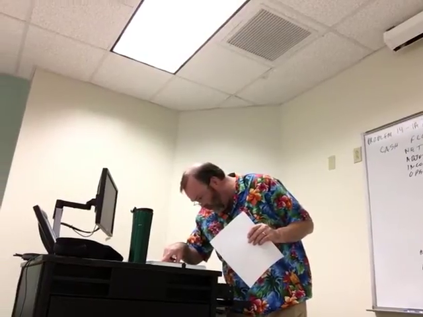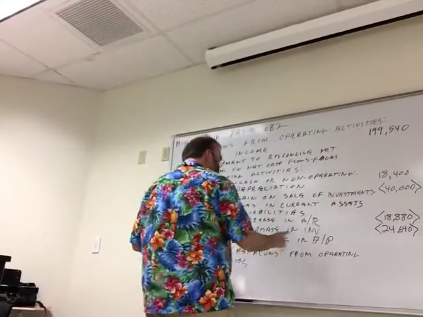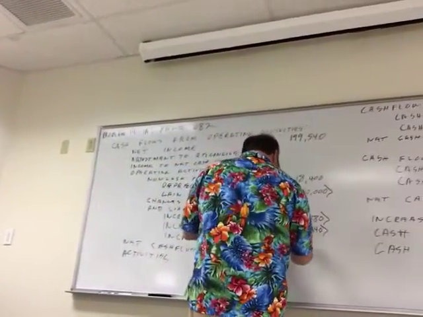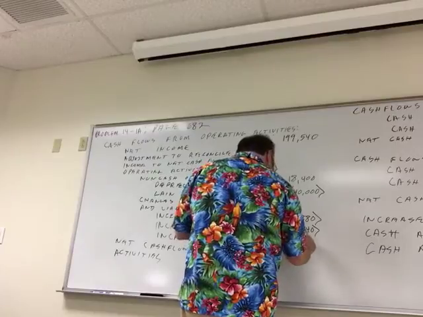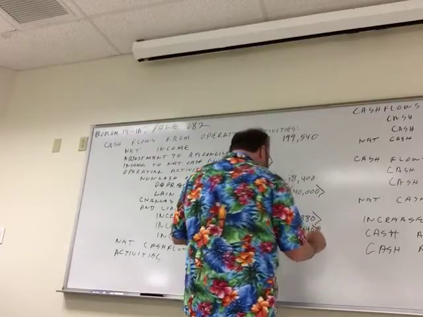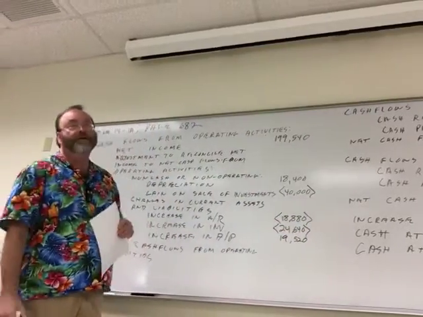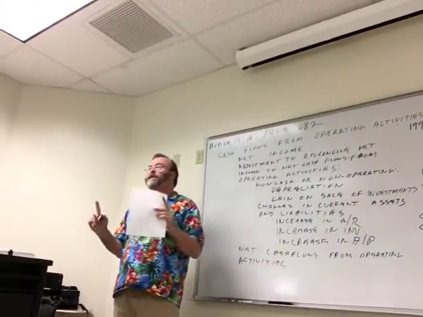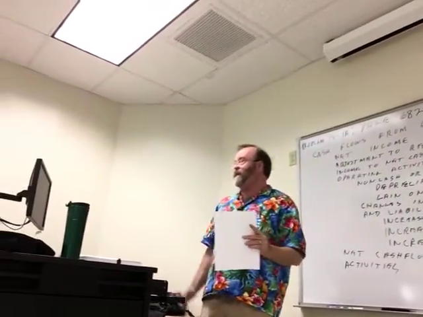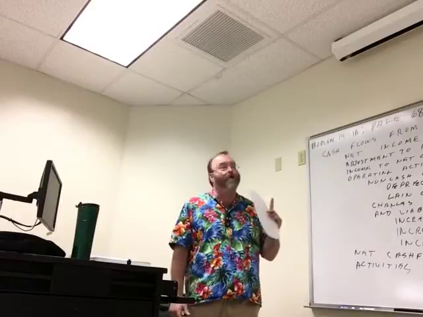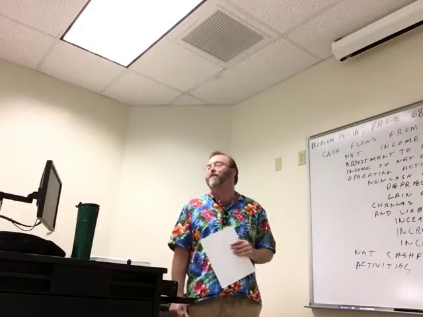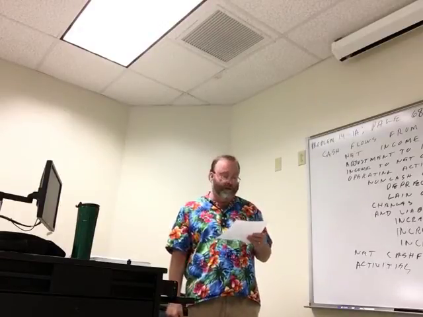Current liabilities, accounts payable, went from $404,000 up to $424,000 and change. That also was an increase in accounts payable, $19,520. There's a direct relationship with current liabilities. If they go up, you're not paying people, so cash goes up.